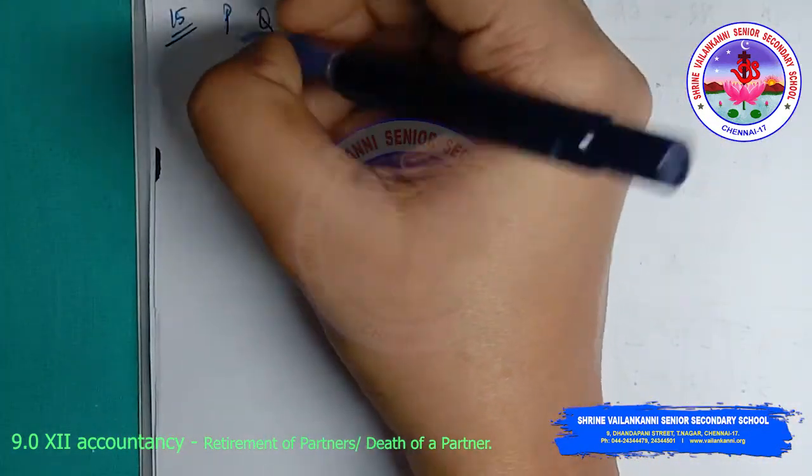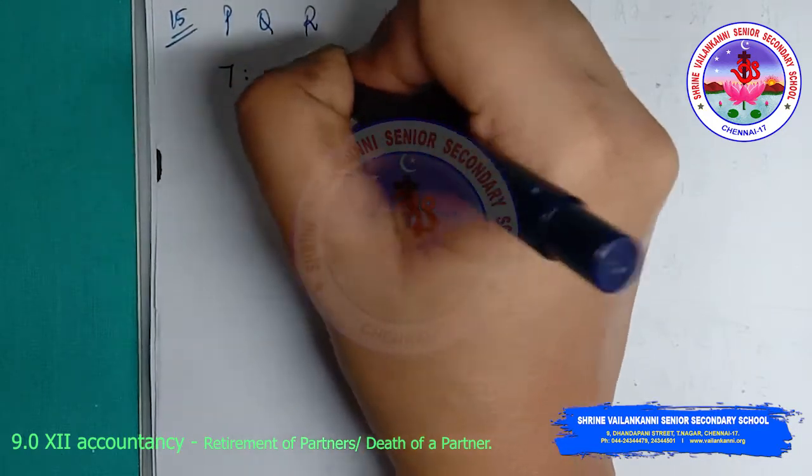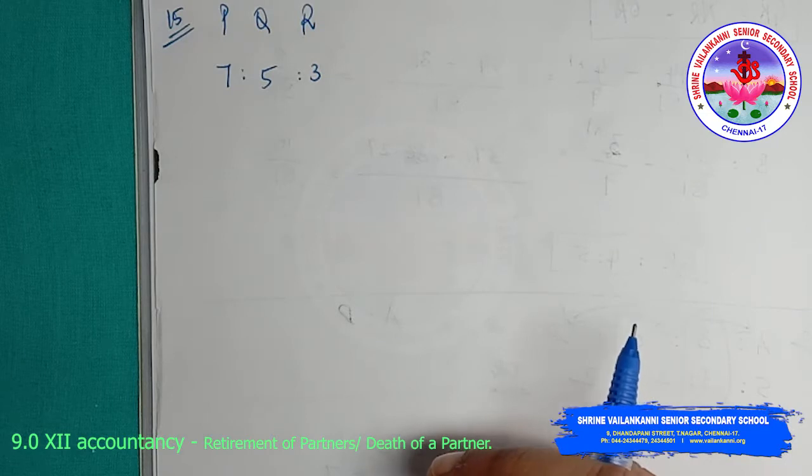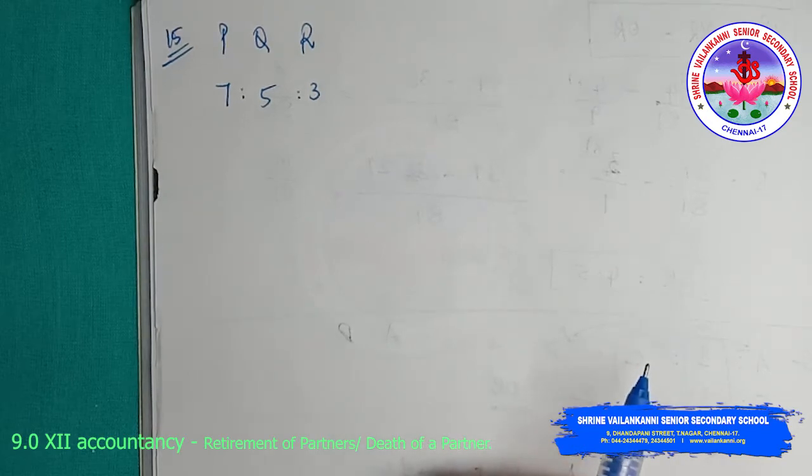P, Q, R, 7:5:3. P retires and it is decided that the profit sharing ratio between Q and R will be same as existing between P and Q. Calculate the new profit sharing ratio and the gaining ratio.